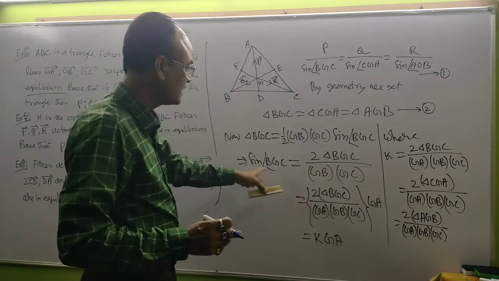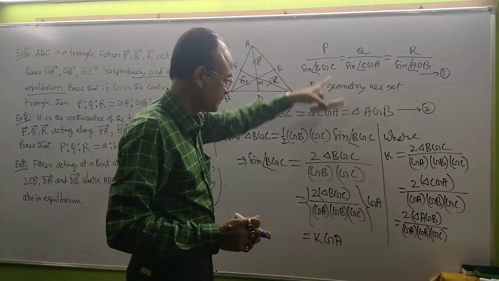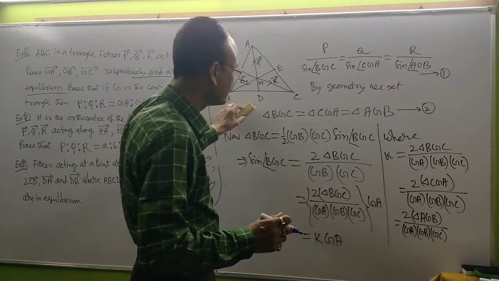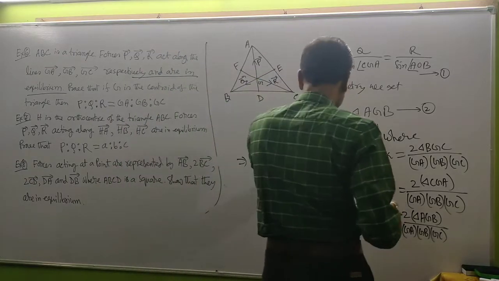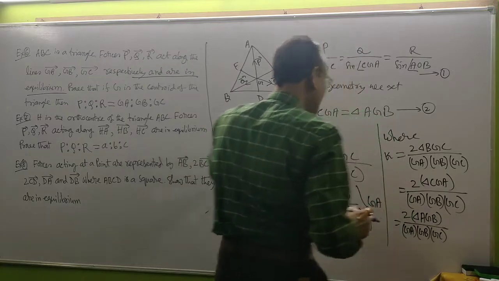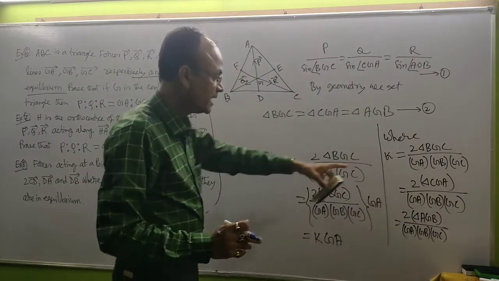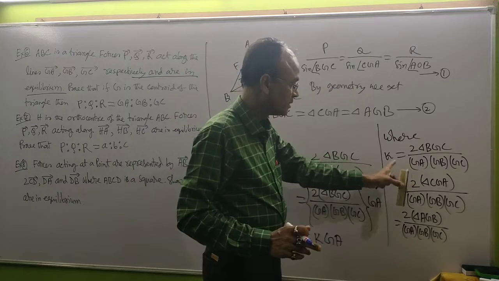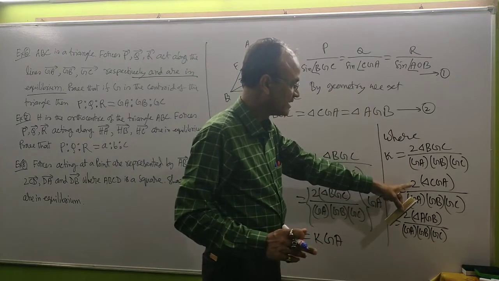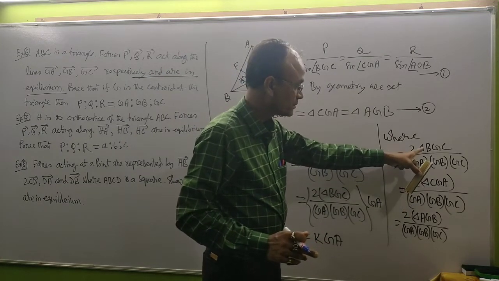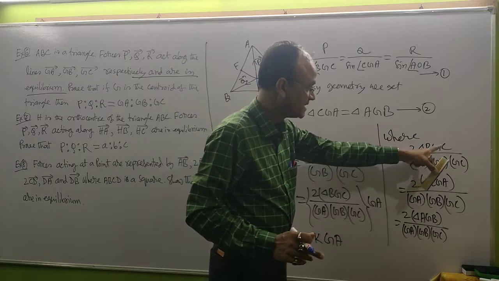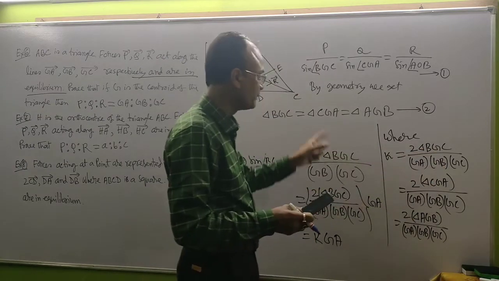Perhaps you have understood this one. Sin CGA can be replaced by K into GB. We have replaced BGC by CGA simply.